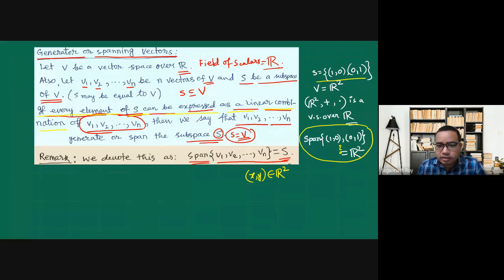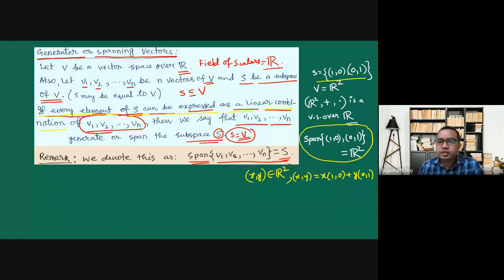So let us see. (x, y) is equal to x times (1, 0) plus y times (0, 1). So we can write it as a linear combination of these 2 vectors, so this relation will hold.